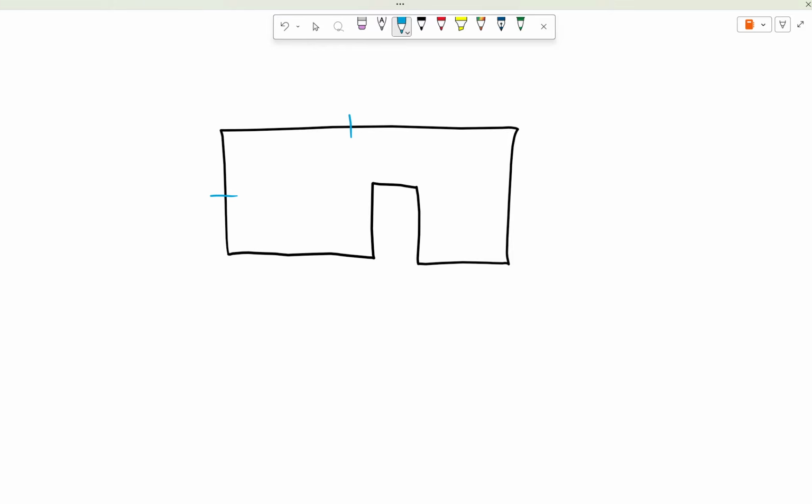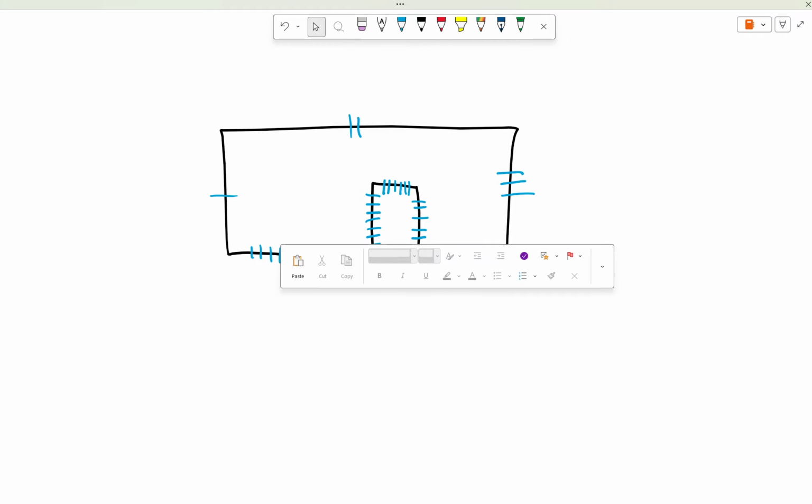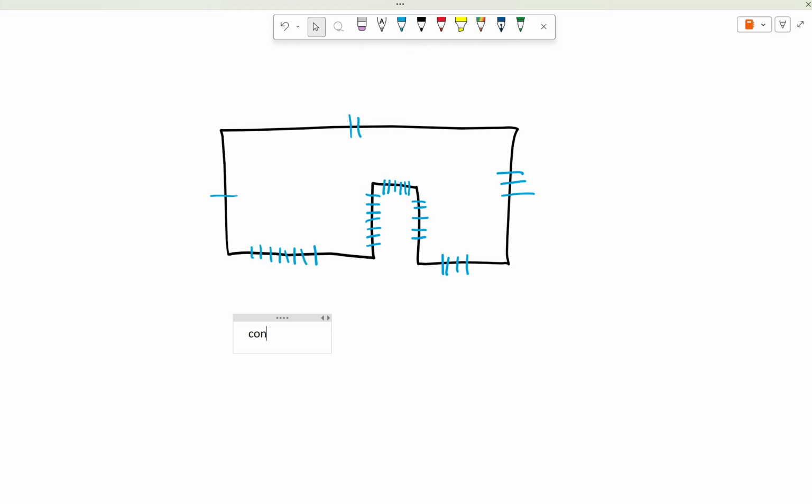I got 1, 2, 3, 4, 5, 6, 7, and 8. 8 sides. This is actually specifically a concave octagon. 8 sides, there's 8 vertices, right?